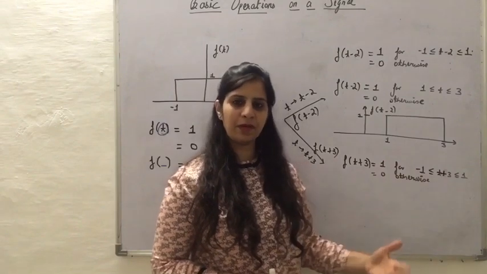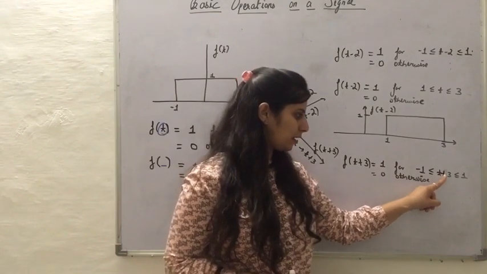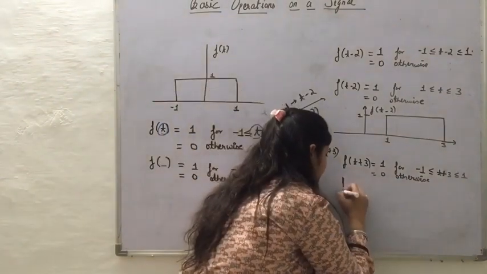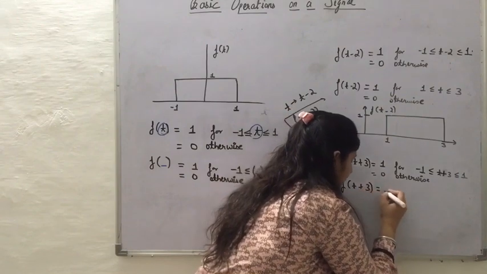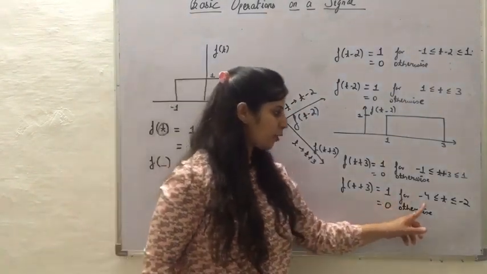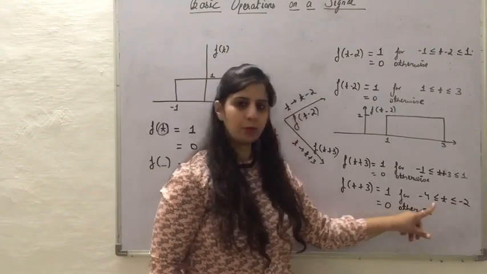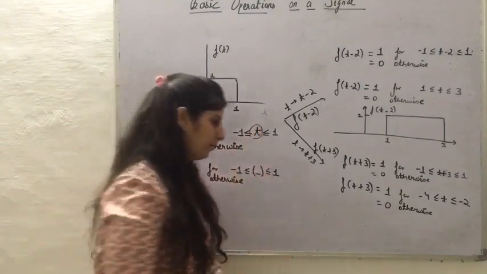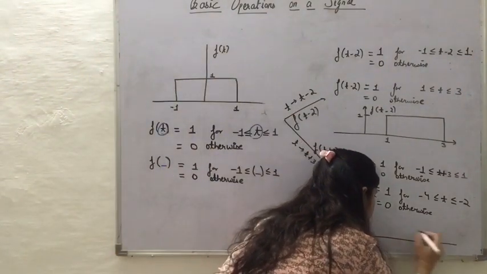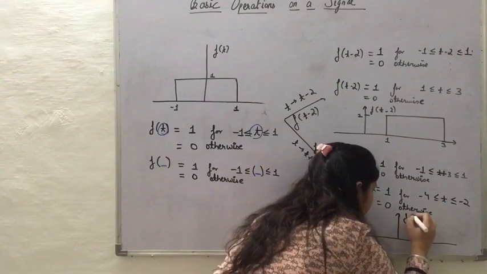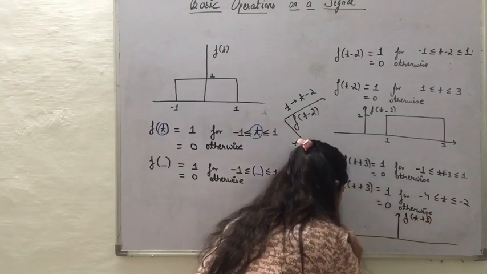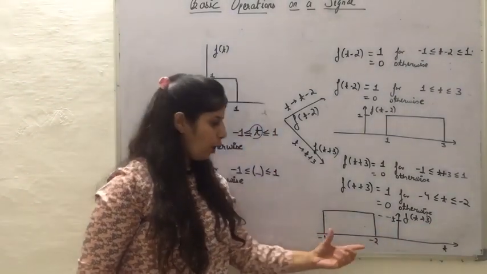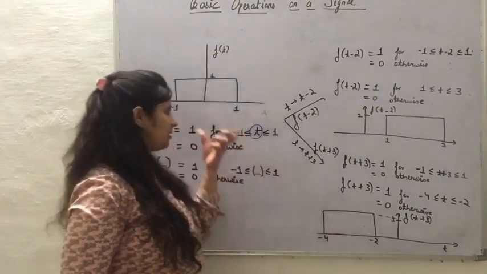This can be further written as, taking this plus 3 on both these sides, then it will become minus 3. So it will be, again the signal has now shifted from minus 2 to minus 4. Earlier it was from minus 1 to 1. Has shifted from minus 2 to minus 4, occupying the same time duration as this signal.